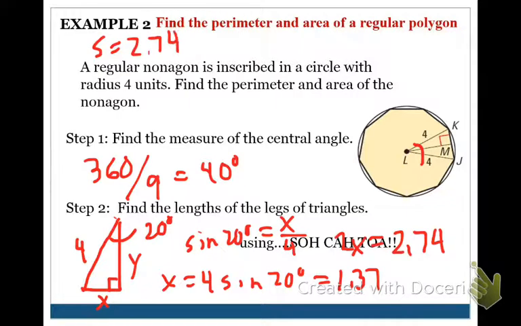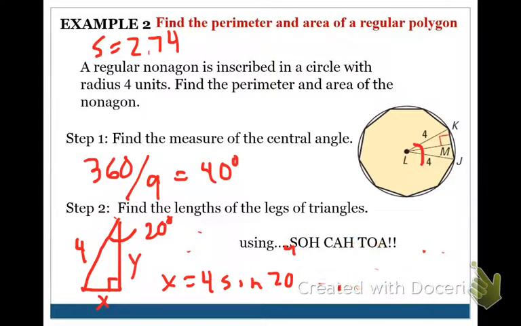All right. Everybody have all that? Okay, now let me create some space, and we'll do a, the apothem. So that's going to be y. So y, we've got 20. Y is the adjacent. 4 is the hypotenuse. Which trig function am I going to use now? Cosine.